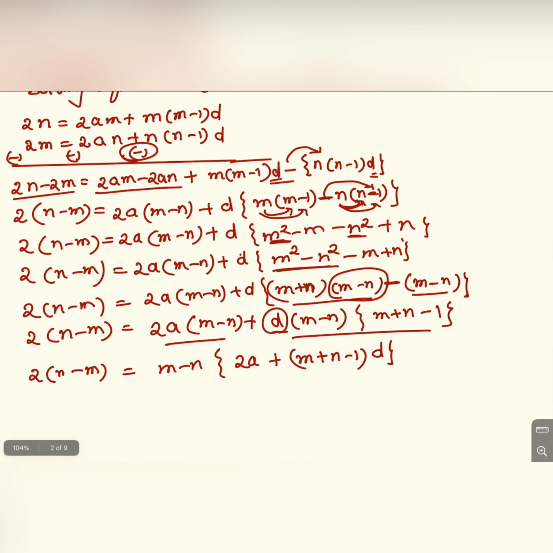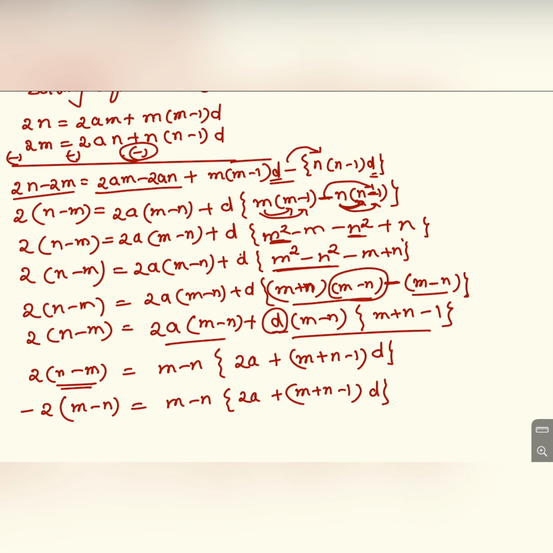Now in this I'll take out minus as common, then we'll get plus m minus n is equal to m minus n into 2a plus m plus n minus 1 into d.